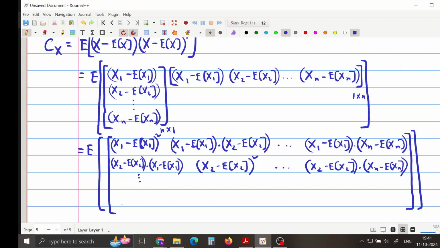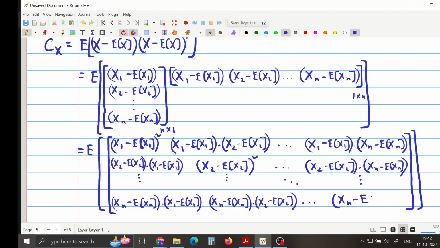And you can go all the way till the nth row, where the n comma 1th element would be, and the n comma 2th element would be, and finally the n comma nth entry would be the square term, this.